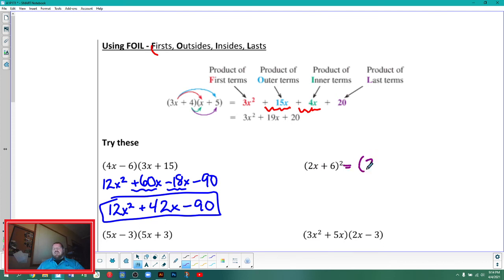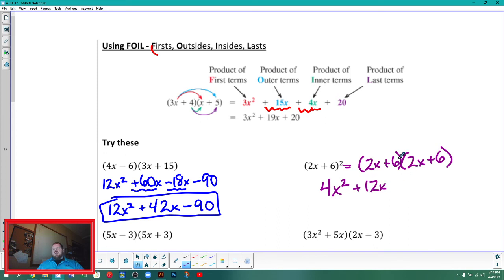So this ends up giving me 2x plus 6 times 2x plus 6. There's a reason it comes up in this set of problems. Now I have two things multiplied by two things. First, 2 times 2 is 4. X times x is x squared. Outsides, 2 times 6 is 12.